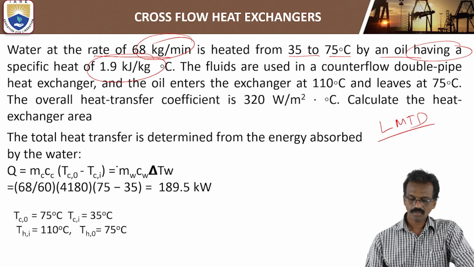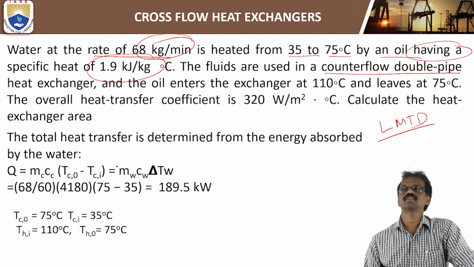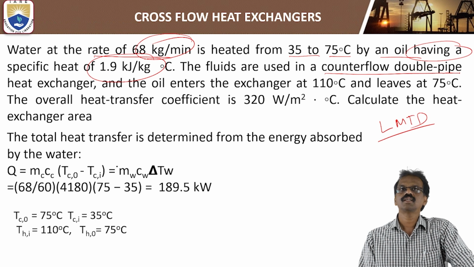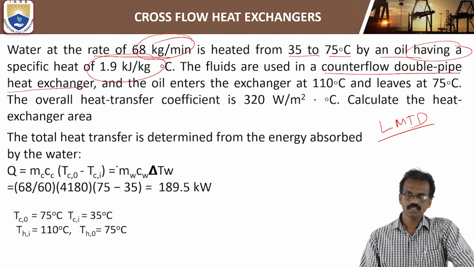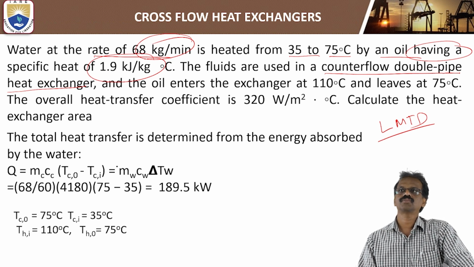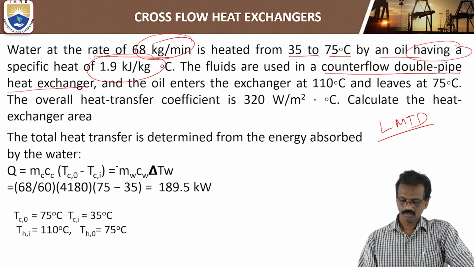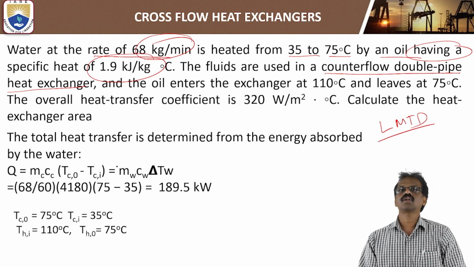The fluids are used in a counterflow double pipe heat exchanger. This is the counterflow double pipe heat exchanger, not a cross flow. The same numerical will apply for the cross flow also. First we'll solve this one for the counterflow heat exchanger using the LMTD method, then solve the same numerical for the cross flow heat exchanger.